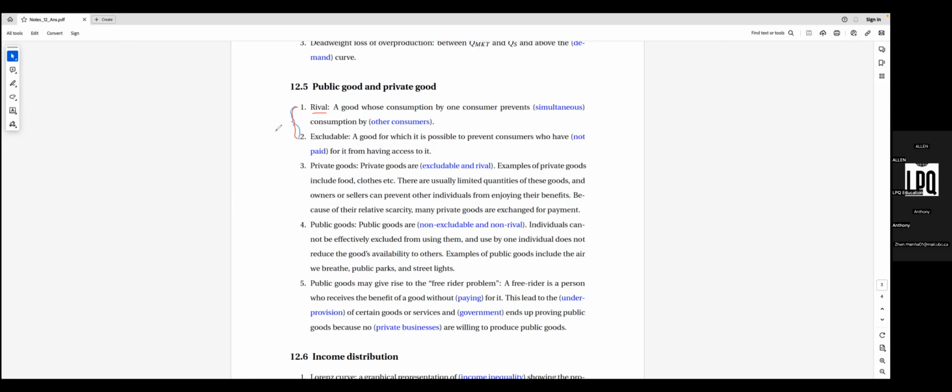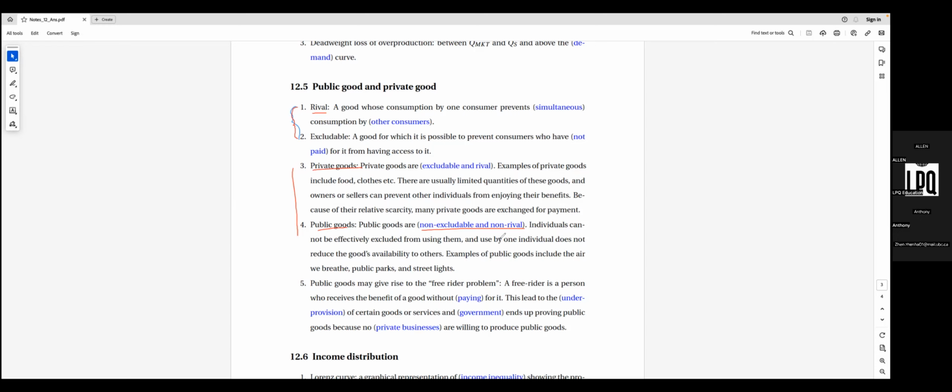Then I guess you can tell the difference between rival and non-rival, excludable and non-excludable. The next step, you can tell the difference between private goods and public goods. Super easy. Private goods are excludable and rival, and public goods are non-excludable and non-rival.